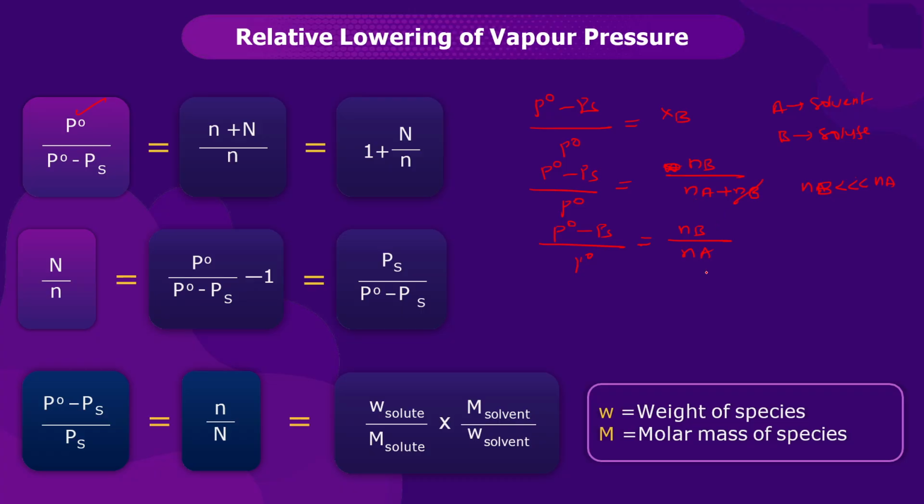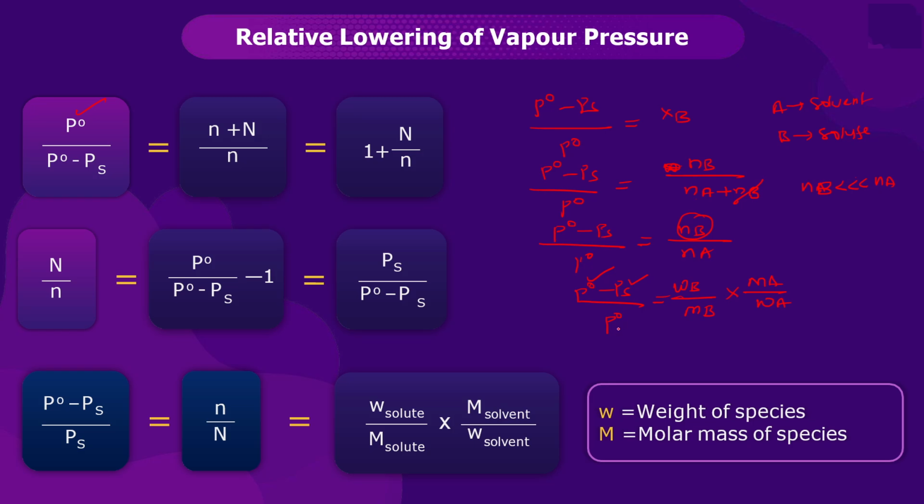Here NB in the denominator is neglected. So P naught minus Ps upon P naught is equal to, in place of NB, we can write weight of the solute upon molecular weight of the solute, and in case of NA, Wa by Ma will come. So P naught is the vapor pressure of the pure solvent, Ps means vapor pressure of the solution.